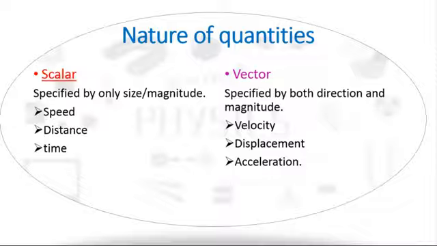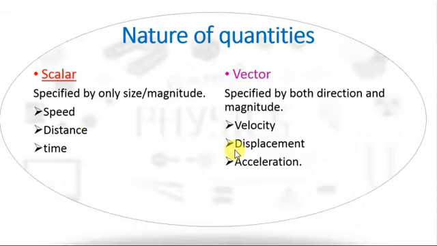This is where the difference starts coming in. When we say speed, you'll just talk about its size. Whereas velocity, you have to talk about the direction, that it is moving with this speed in this direction. Whereas for speed, you just say it is moving with this speed, regardless of where it is heading. Distance, you say the distance between this point and this point is this many meters.